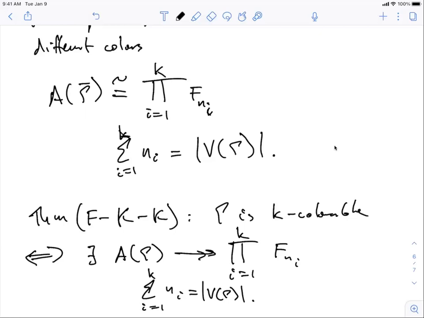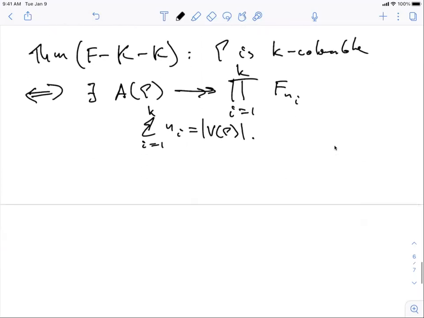Great, so let me now talk about maybe the last example of, I hope, a satisfactory answer to the framing question, and which will finally connect to cohomology in some way, and that's Hamiltonicity.